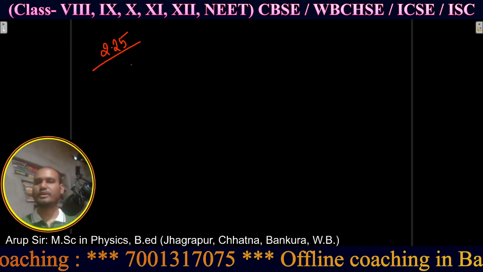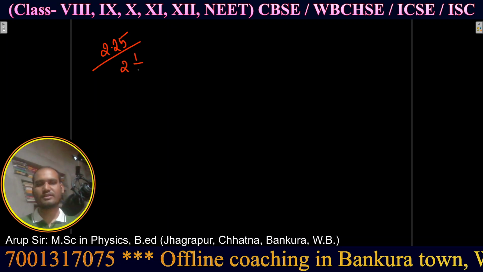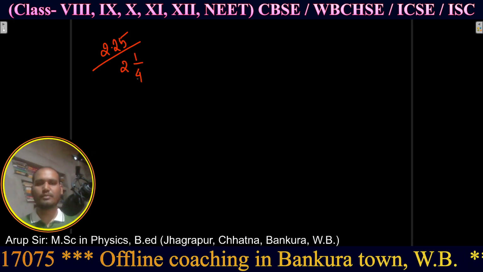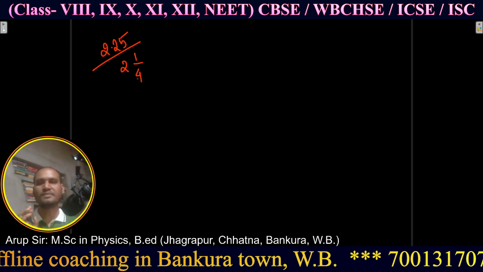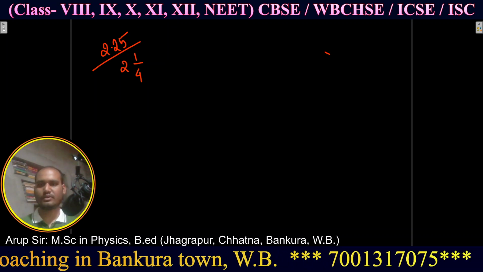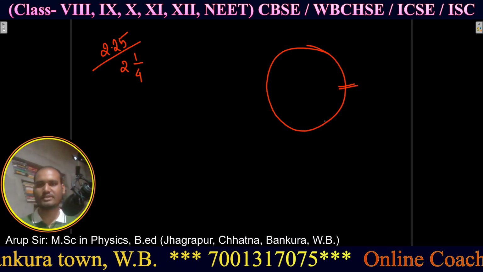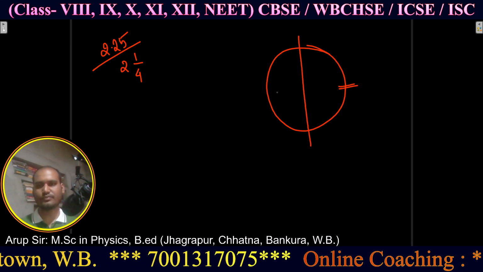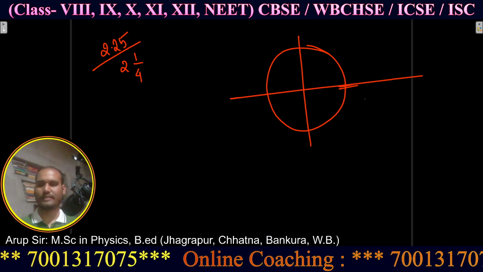So for 2.25 turns, 2.25 means what? I have already said 2.25 means 2 complete rotations and 1 by 4 rotation. 1 rotation means from this point to again this point. Now divide this into 4 segments like this. 4 segments I have divided.